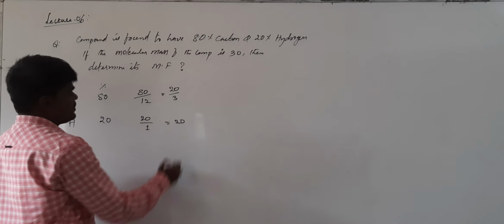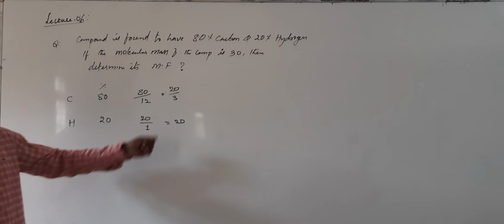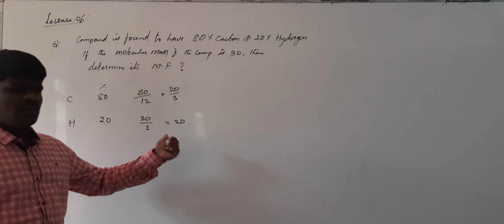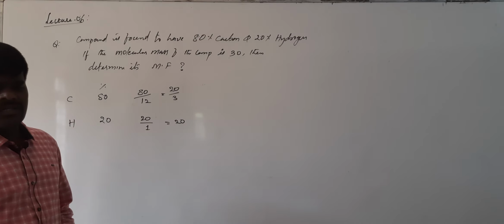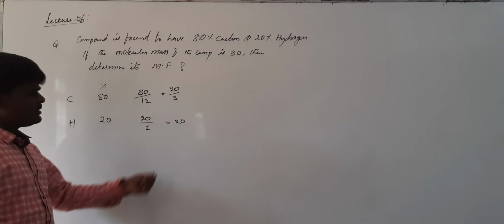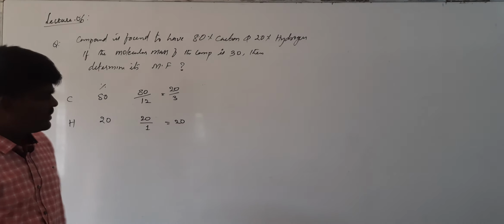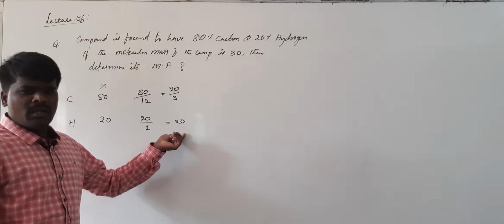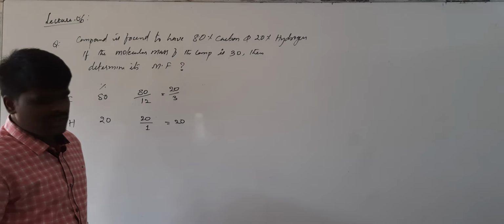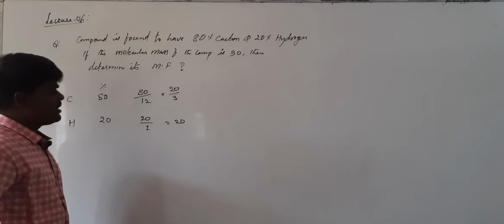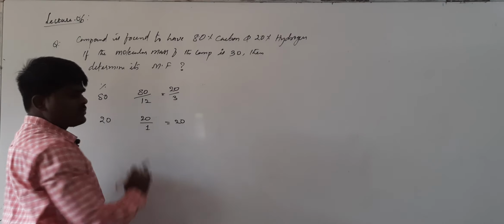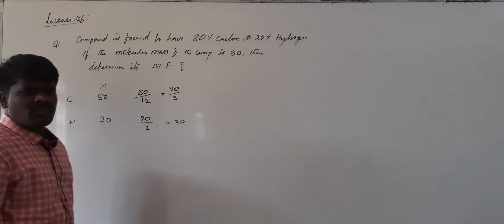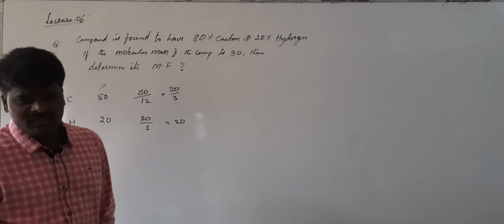Now, if you see here, the relative number of atoms is not actually a whole number, it is a fractional number. In such cases, what do you have to do? You have to divide the relative number of atoms of each element by the lowest number of atoms. Here, 20 by 3 will be the lowest relative number of atoms, and the rest of the relative numbers of atoms must also be divided by this 20 by 3.